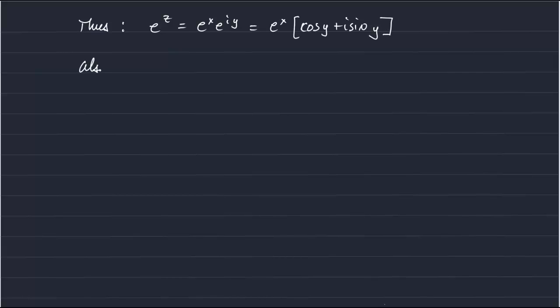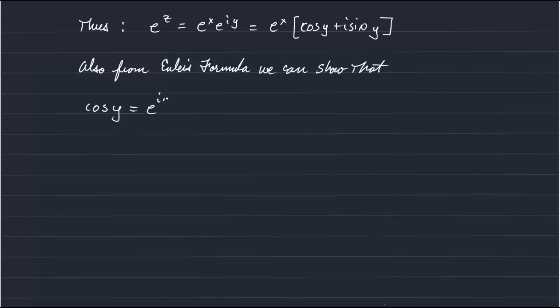Also, from Euler's formula, we can show that cosine of y is equal to e to the iy plus e to the minus iy divided by 2, and sine of y is equal to e to the iy minus e to the minus iy divided by 2i.